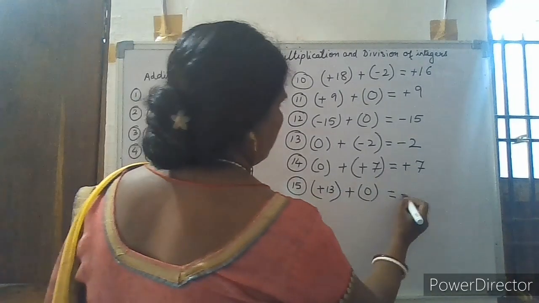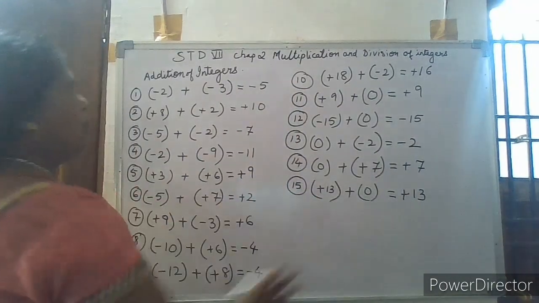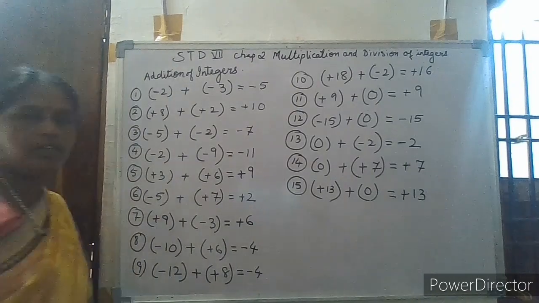So here it is equal to plus 30. So in this way we have learned addition of integers.